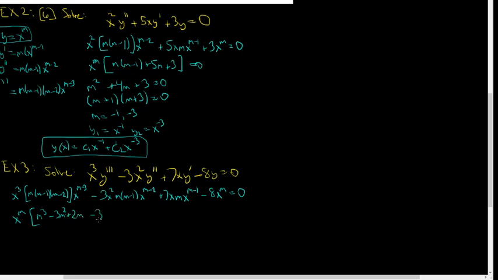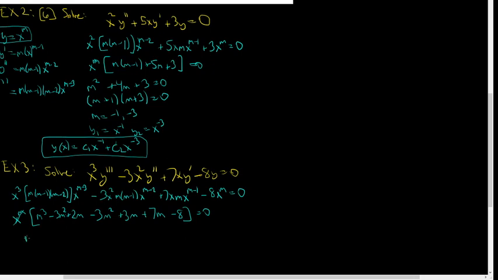And then minus 3m squared plus 3m and then plus 7m minus 8 equals 0. Yep, divide by the x to the m.